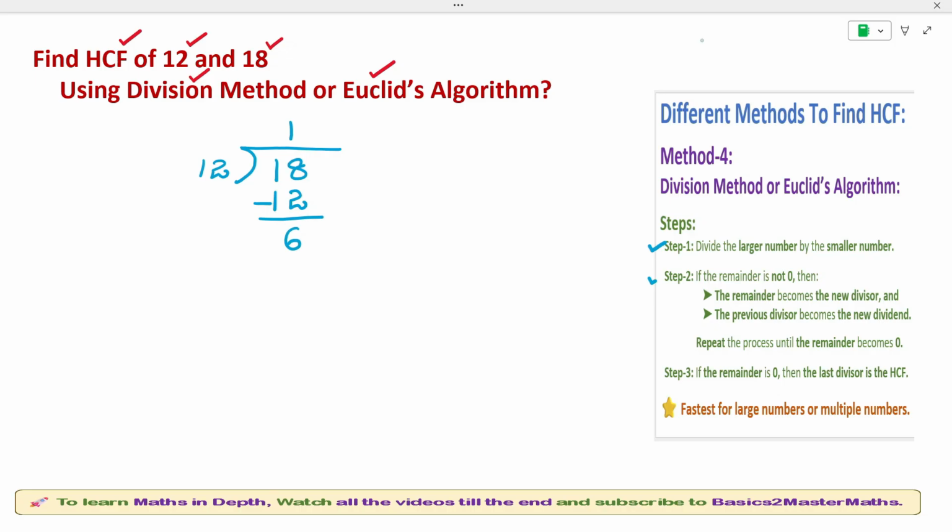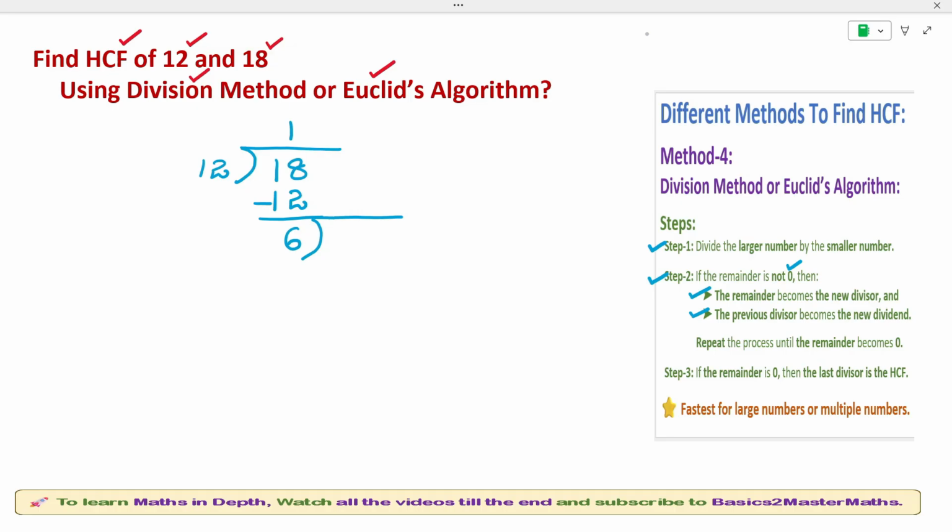Step 2. If the remainder is not 0, then the remainder becomes the new divisor and the previous divisor becomes the new dividend.